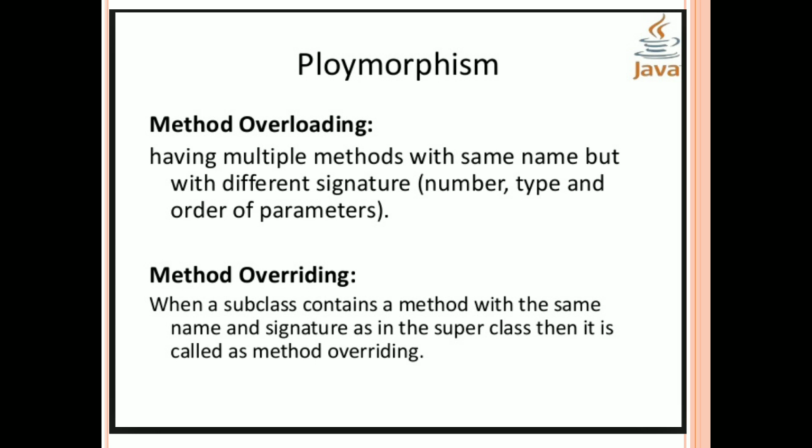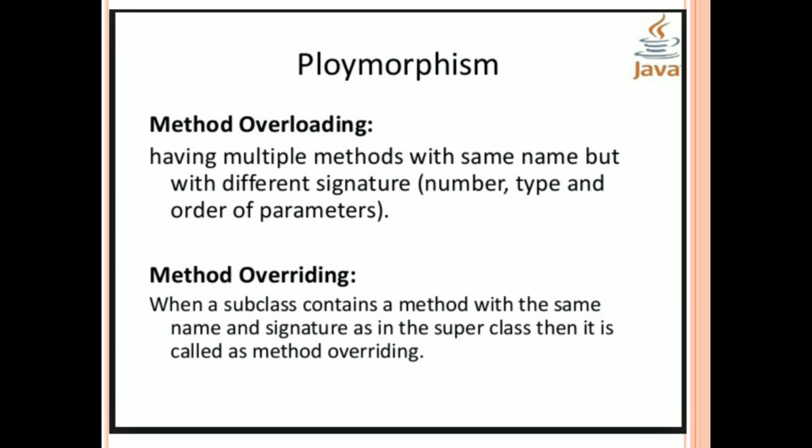The mechanism is, when we have more than one class in our program, the superclass has a function and the subclass has the same method with the same signature. That is, the subclass uses the same method as the superclass with the same signature. This is called method overriding, and it is a type of polymorphism.